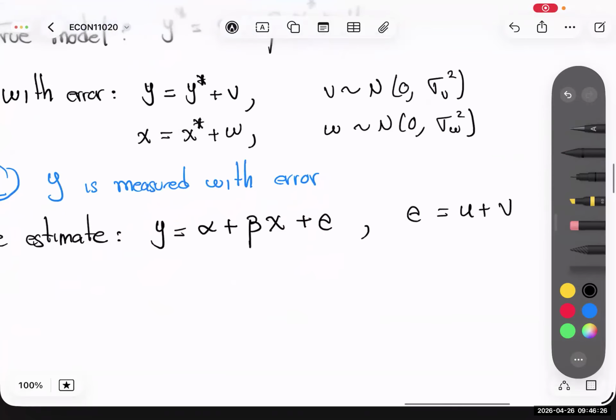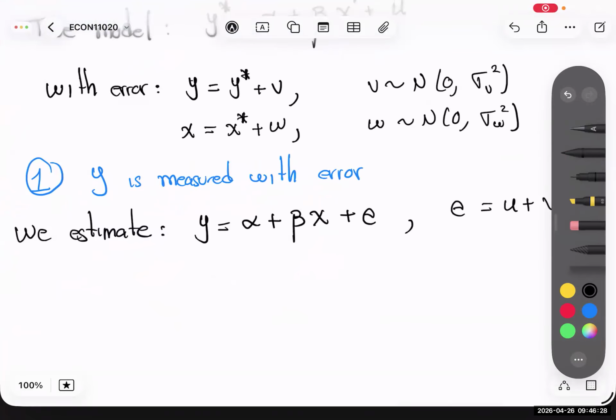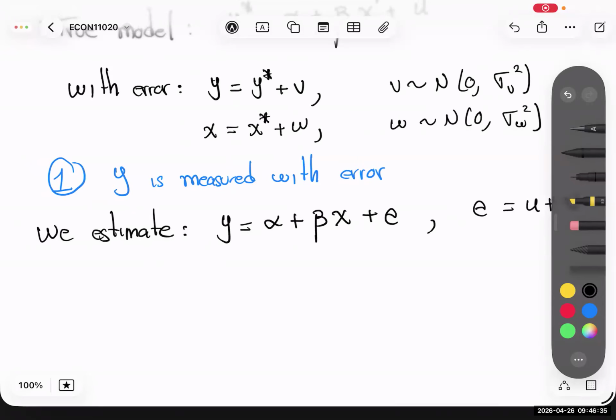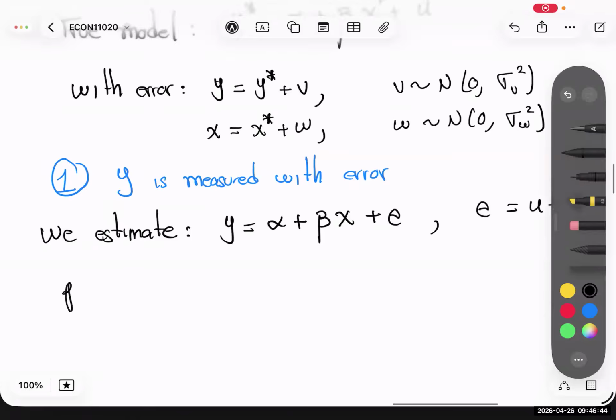From here, we're interested in understanding if the beta hat that we will get in the model that we estimate is consistent or not. So we would like to know if the probability limit of beta hat is actually the true value of the parameter, in this case, beta.